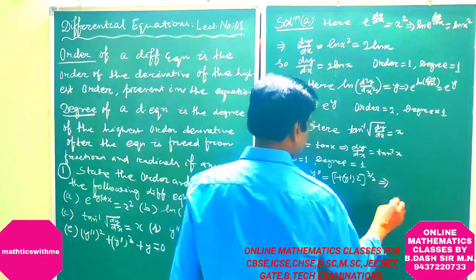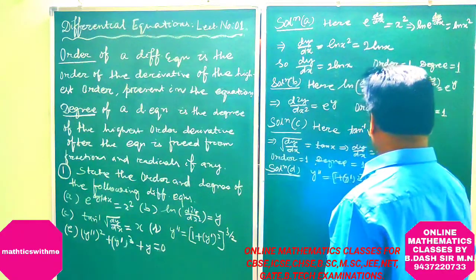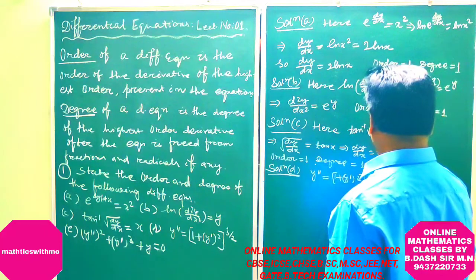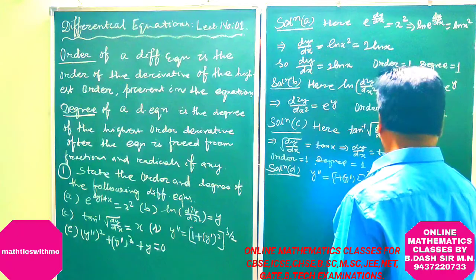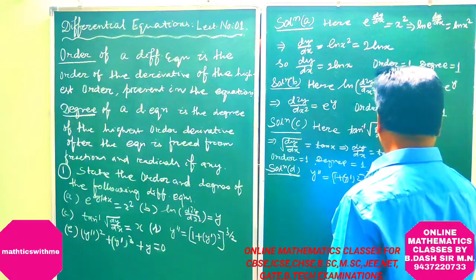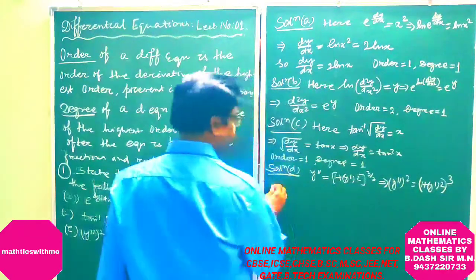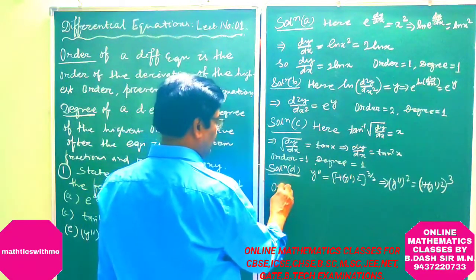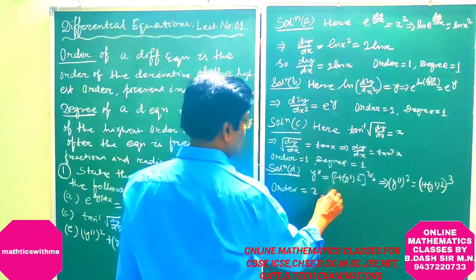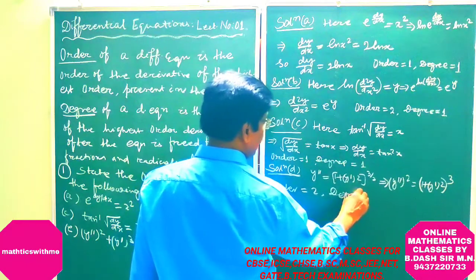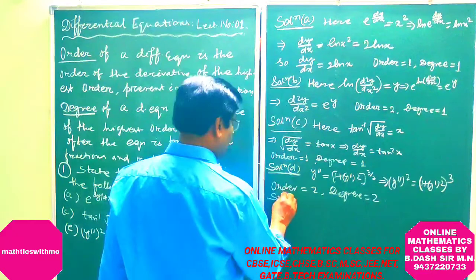So this implies squaring both sides, we get y double dash square is equal to 1 plus y dash square whole cube. So then order of the differential equation is 2 and the degree of the differential equation is also 2.